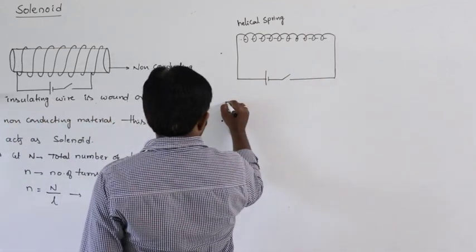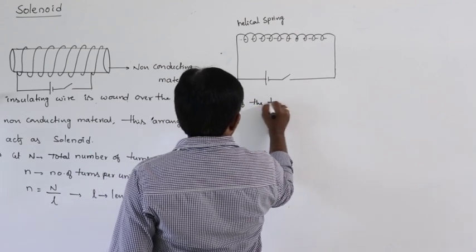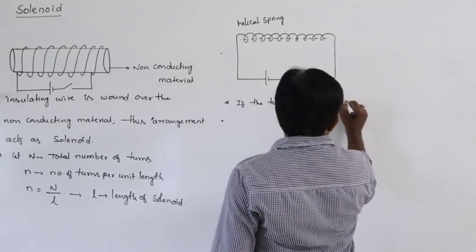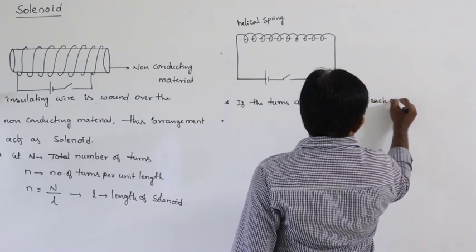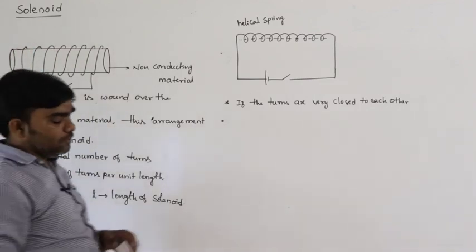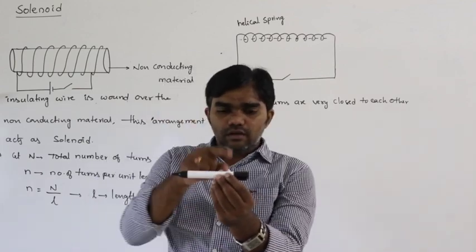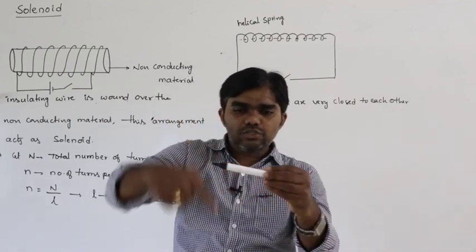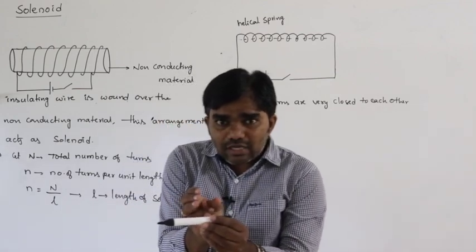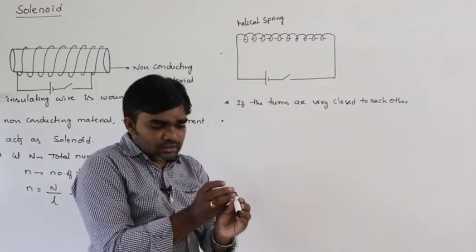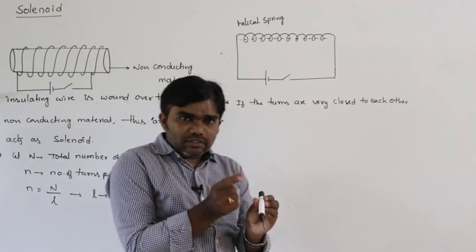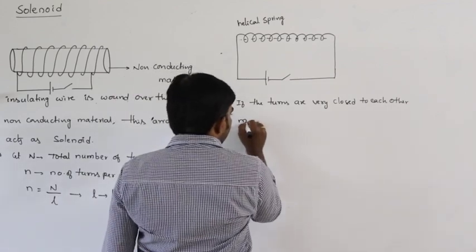Now, if the turns are very close to each other, that means there is no gap between the turns, then the magnetic field will be strong.